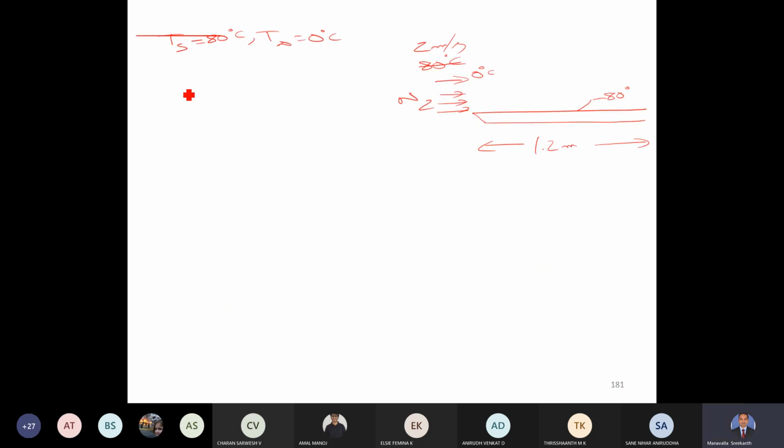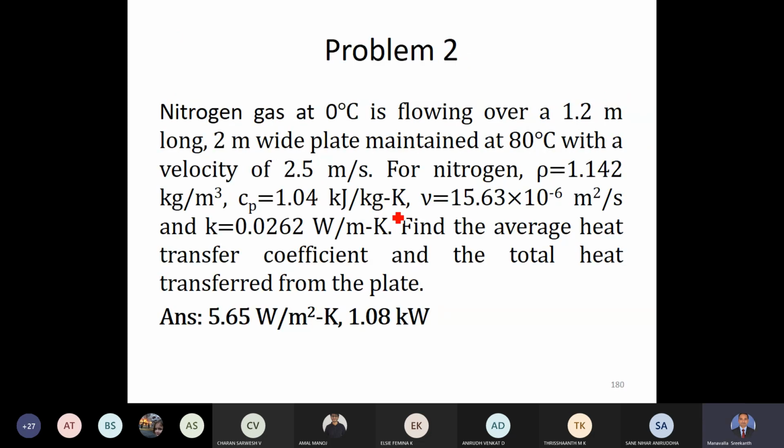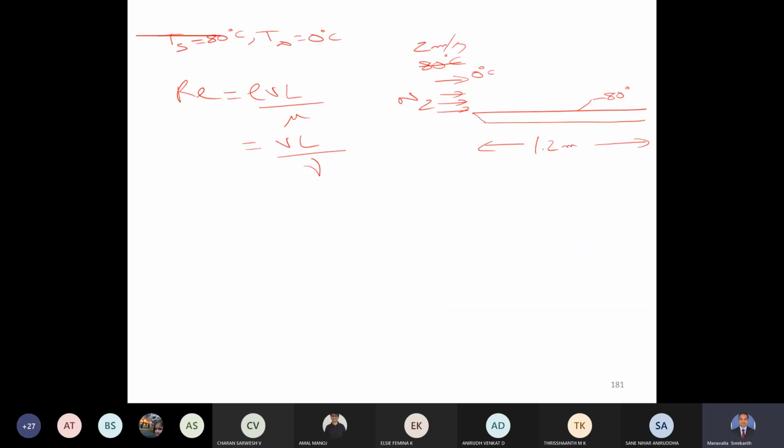So first thing is you need to calculate the Reynolds number. Reynolds number is rho V L by mu, or V L by nu, where the characteristic length is L. This V is velocity, this nu is kinematic viscosity. In this problem, we are given the kinematic viscosity, so we can use that.